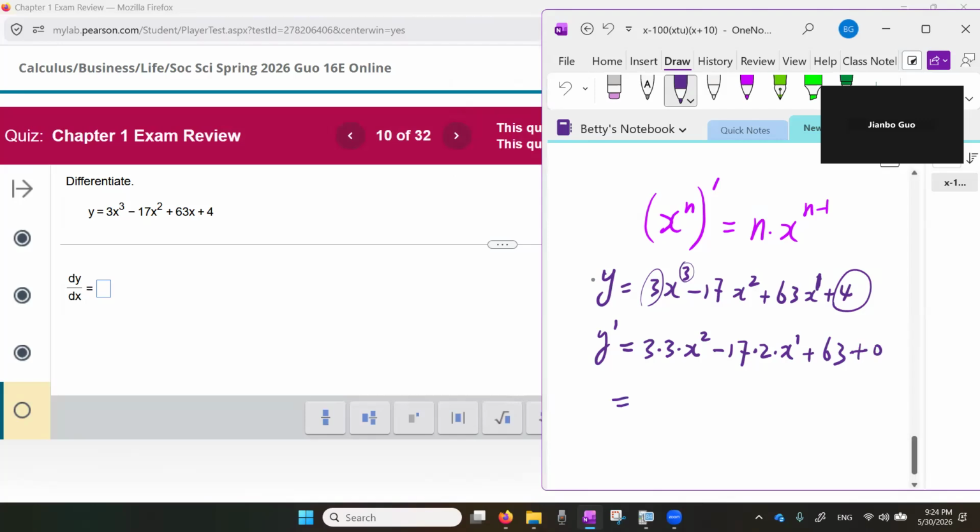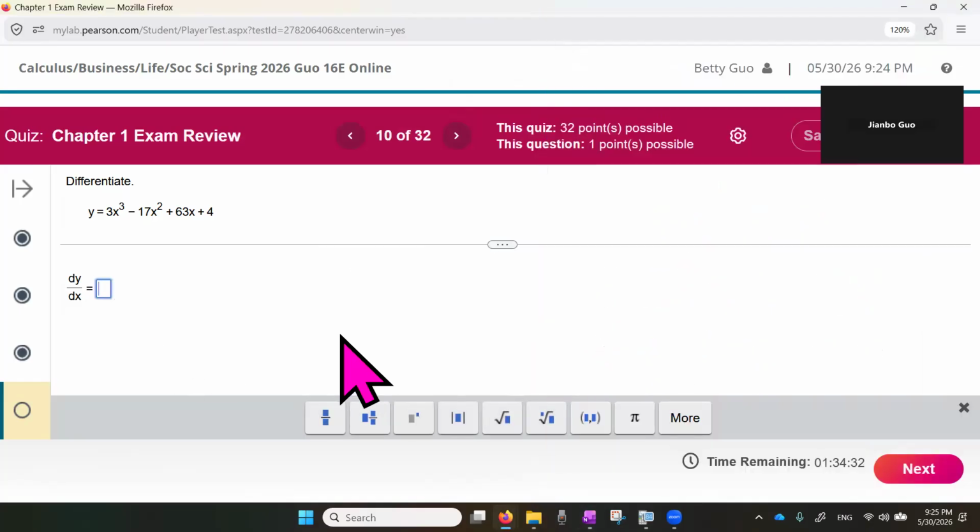And you simplify: 3 times 3 is 9x squared minus 34x plus 63. So we're going to put it here, 9x squared minus 34x plus 63.